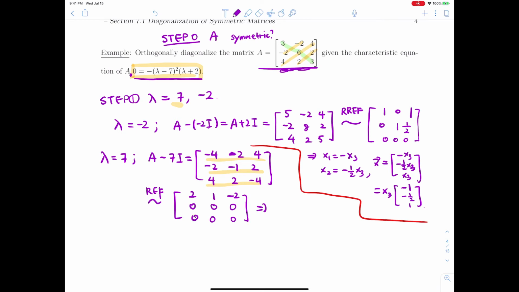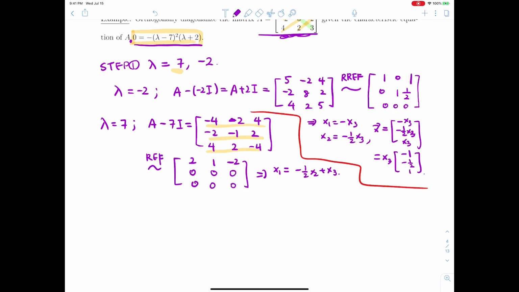This gives you x1 equals negative 1/2 x2 plus x3. In other words, the general element of the null space is negative 1/2 x2 plus x3, x2, and x3. If you separate the variables, we get x2 times negative 1/2, 1, 0, plus x3 times 1, 0, 1.